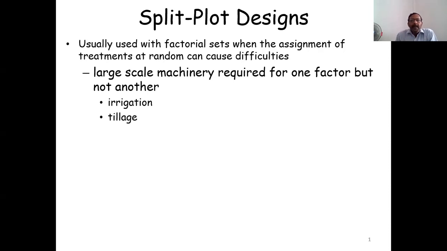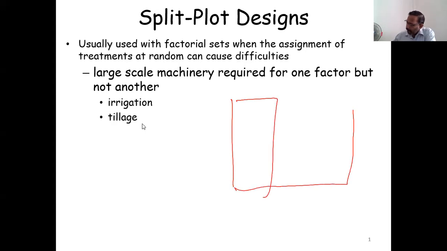Large scale machinery is required for one factor, but not for the other factor. So sometimes we spoke about two plot sizes. One is very big, we said this is the main plot. Then we divide this into smaller ones. This is subplot.